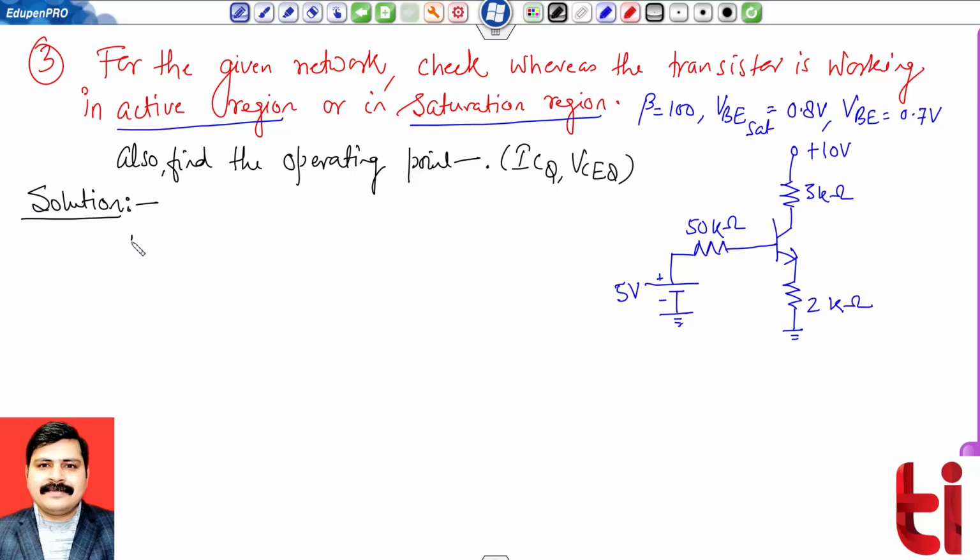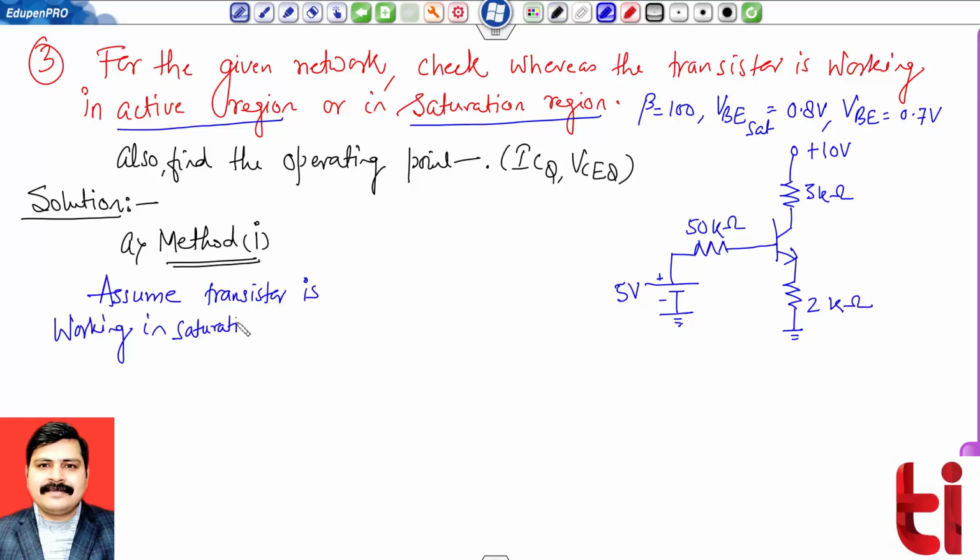Let us discuss method number one, part A. I am assuming that my transistor is working in saturation region. Now we have to do the analysis, and if my assumption is correct, we will have the analysis of saturation. Otherwise, we have to solve the problem for active region.